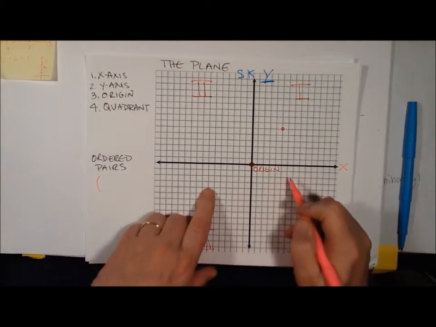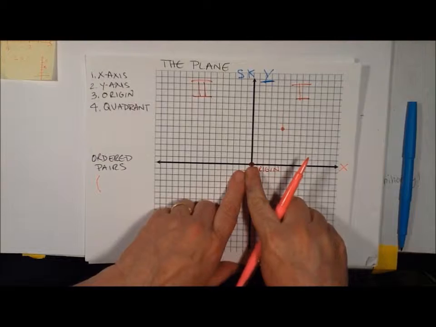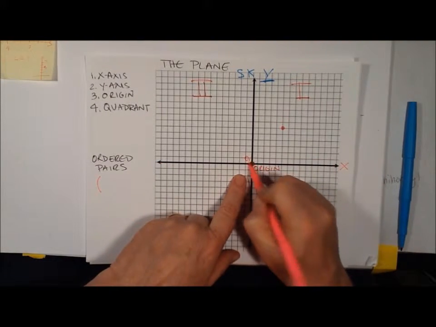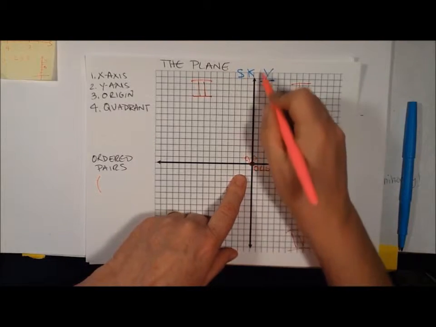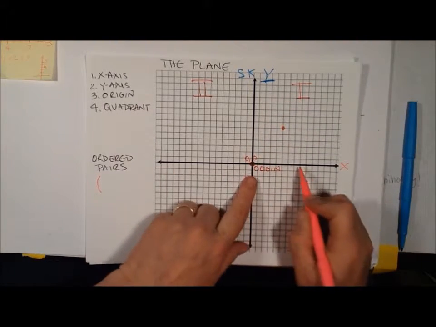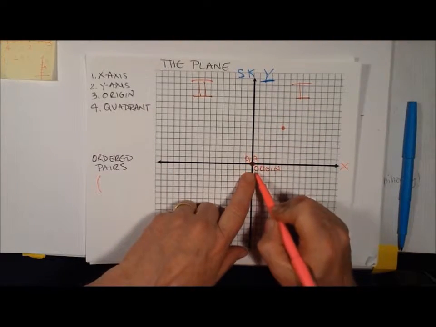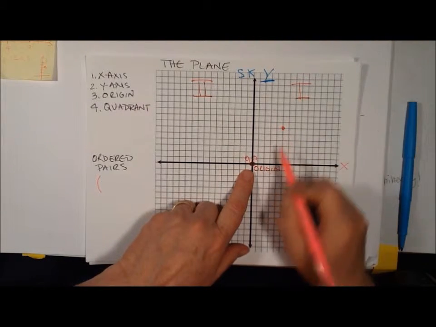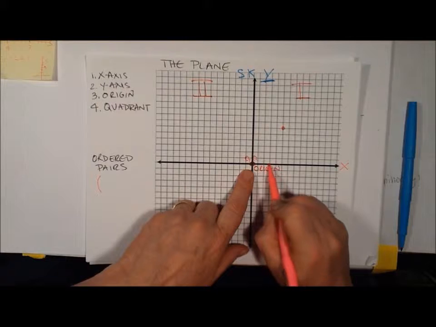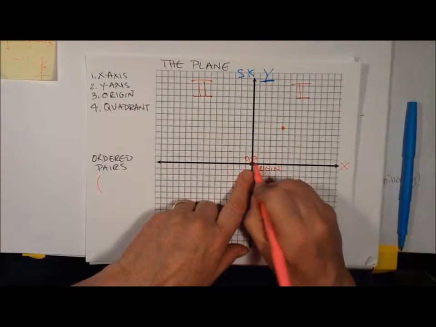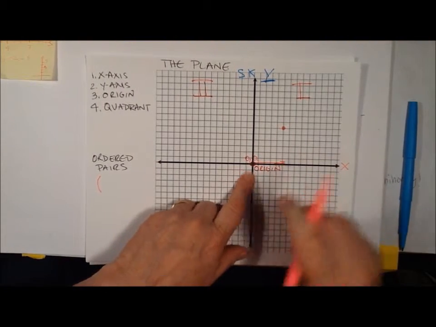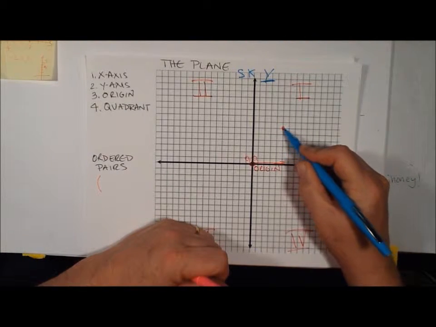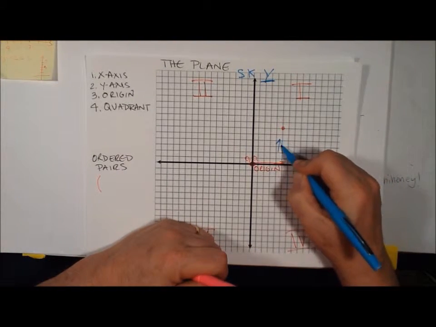The first thing I do is tell you how many steps right or left from 0. This is 0, 0: 0 steps up and down, 0 steps right and left. 0, 0 is the origin. Here I have a spot that's 1, 2, 3, 4, 5 over, and 1, 2, 3, 4, 5, 6 up.